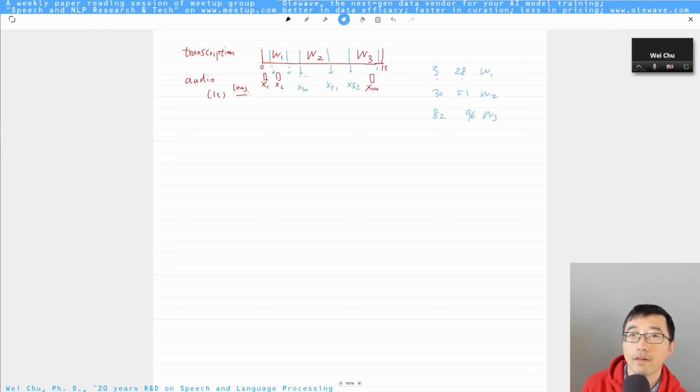So the question of word stamp estimating is, for each x of t, what's the probability of the W given the condition? I will explain the condition later on. What's the probability of Wi given the current frame? And I want to get the maximum Wi.